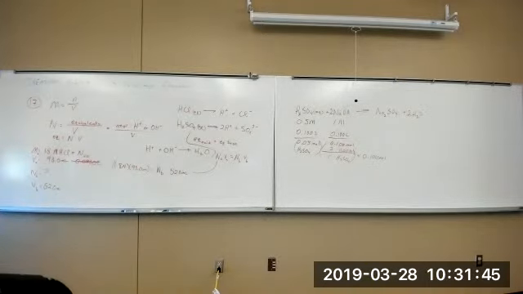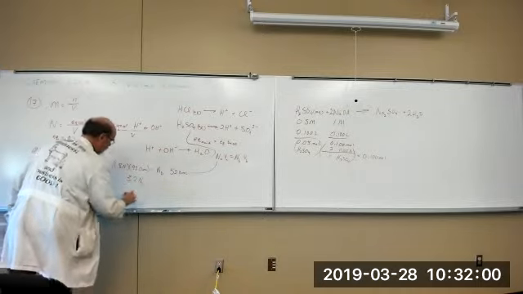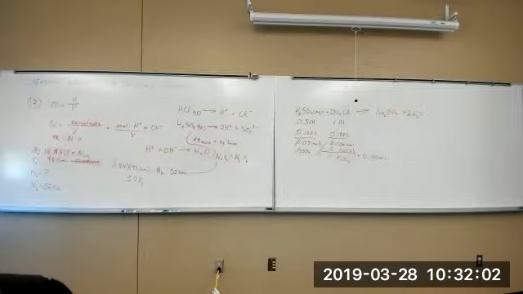So we need 1.8 normal, 93 milliliters, and I got 52, and I get 3.2 normal for our base. Okay. And consequently, we don't even need to know what the stoichiometry is.